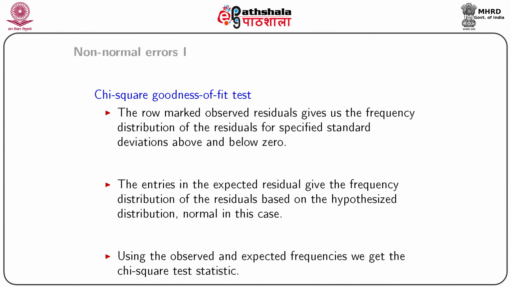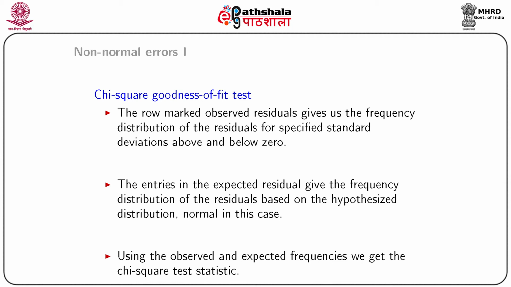So in the chi-square goodness of fit test for the above data set, the row marked observed residual gives us the frequency distribution of the residuals for specified standard deviations above and below 0. And the entries in the expected residual row give us the frequency distribution of the residuals based on the hypothesized distribution. In this case, it is normal.